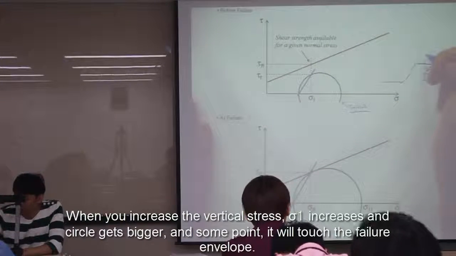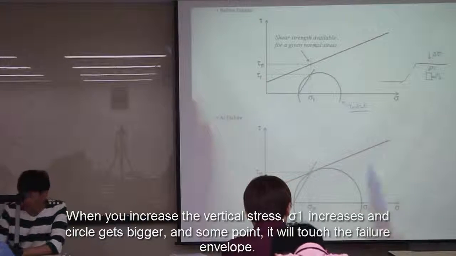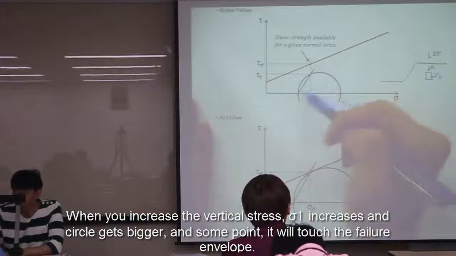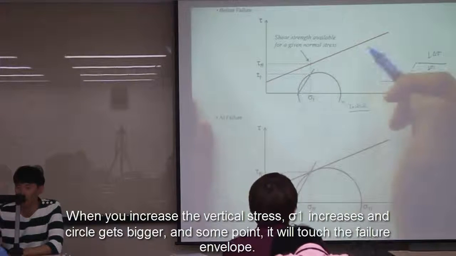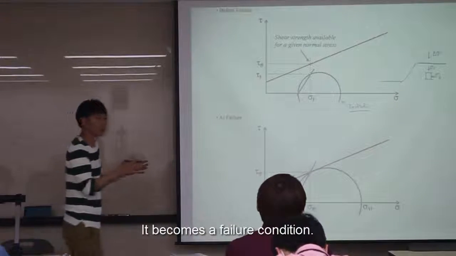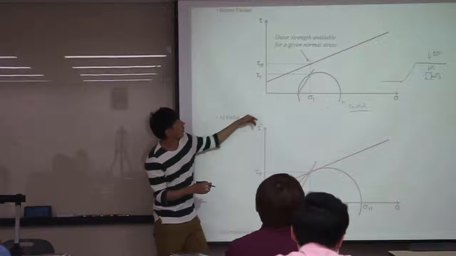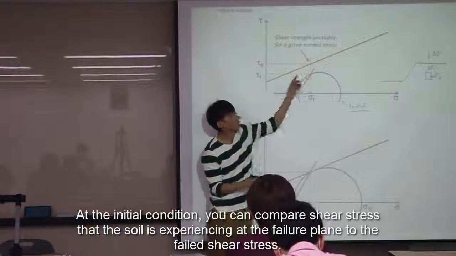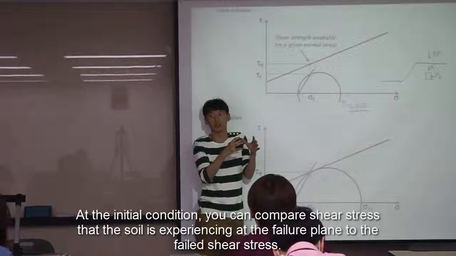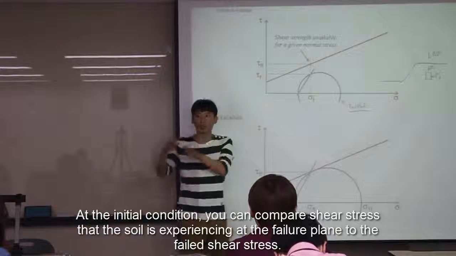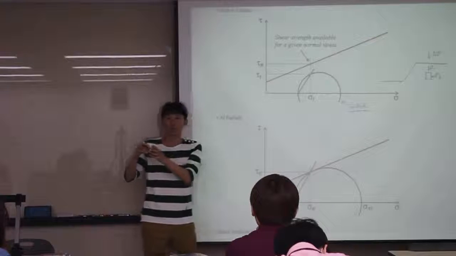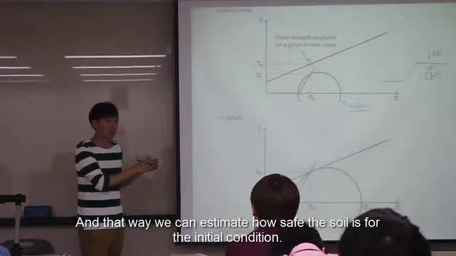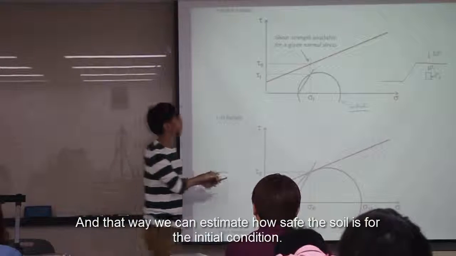And when you increase the vertical stress, sigma 1 will increase, and the circle gets bigger, at some point it will touch the failure envelope, and it becomes a failure condition. So at the initial condition, you can compare the shear stress that the soil is experiencing at the failure plane to the failure shear stress. And that way, we can estimate how safe the soil is for the initial condition. Right.